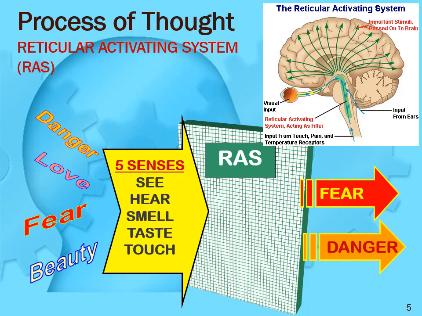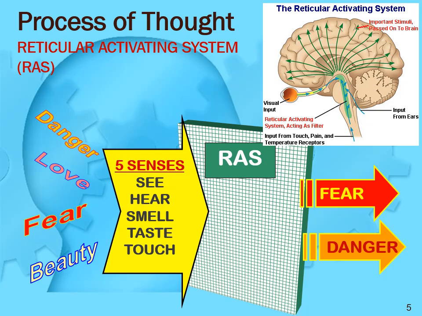So danger, love, fear, and beauty kind of override everything else when it comes into things. They will take over the importance or the precedence that we filter through. And of course, fear and danger get the ultimate precedence.